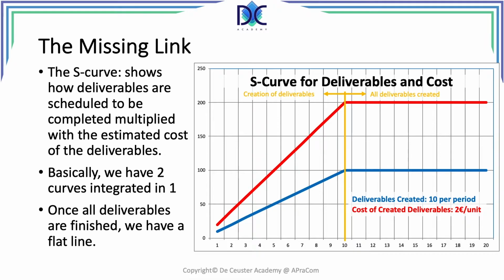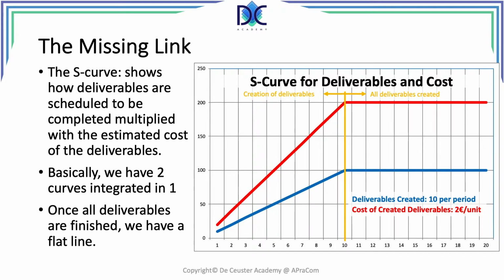We estimated during the estimation phase of our project that it costs €2 to create one deliverable. So when we multiply the number of deliverables with their cost, we find the red curve, which is the relationship between time and cost incurred, but also relating to the number of deliverables that have been created.